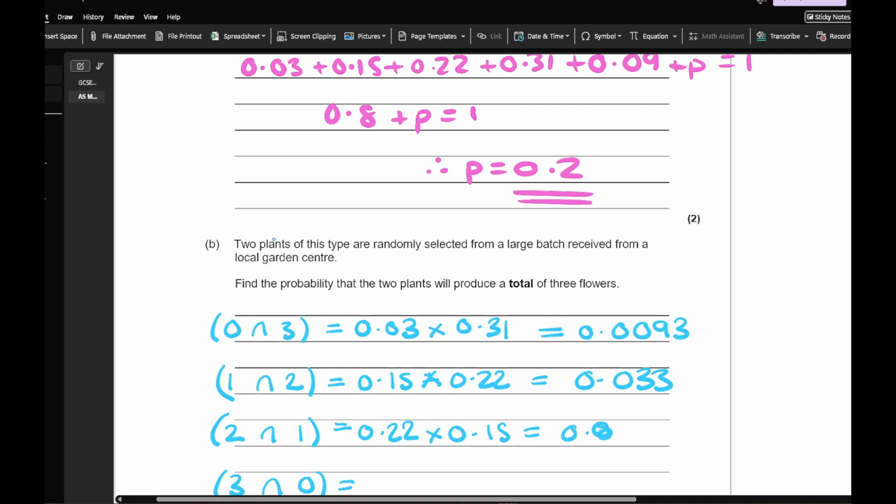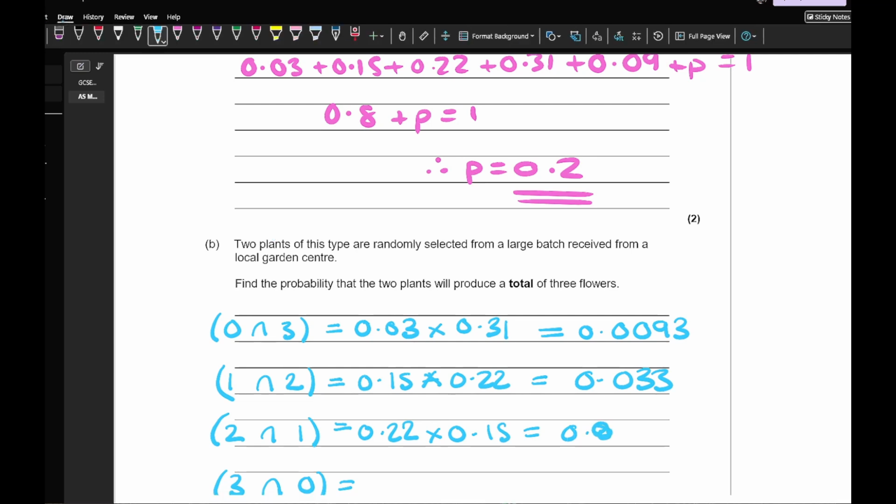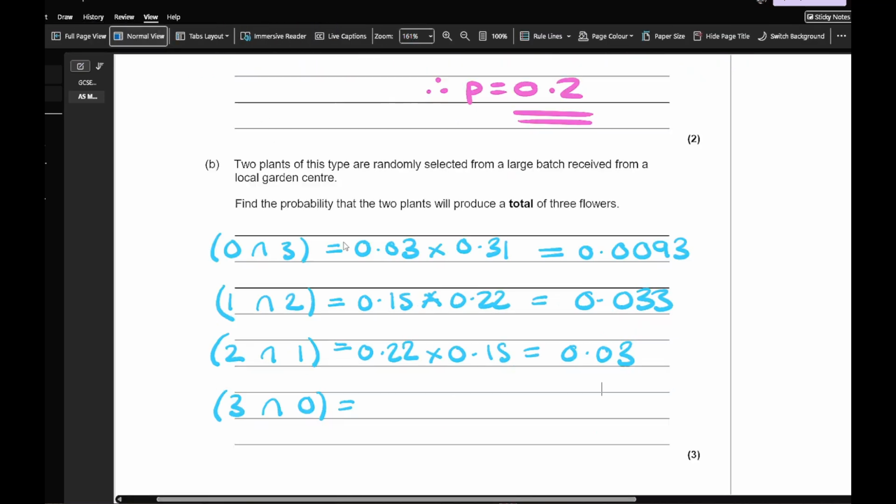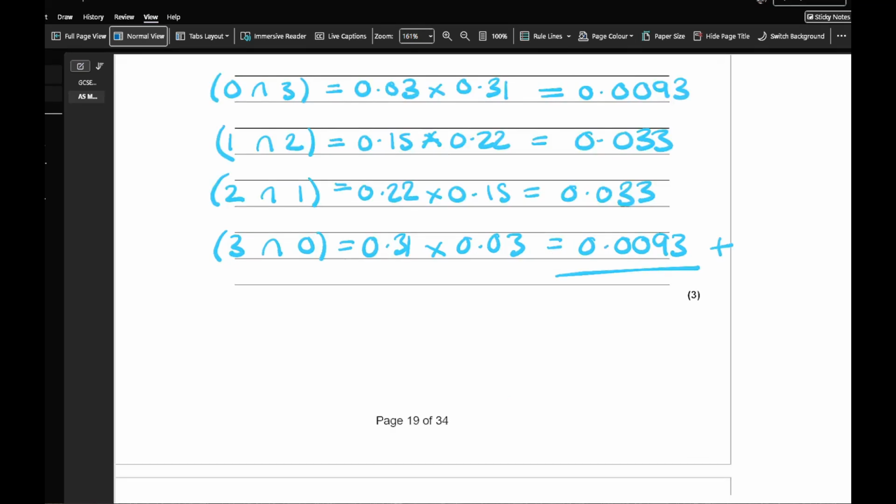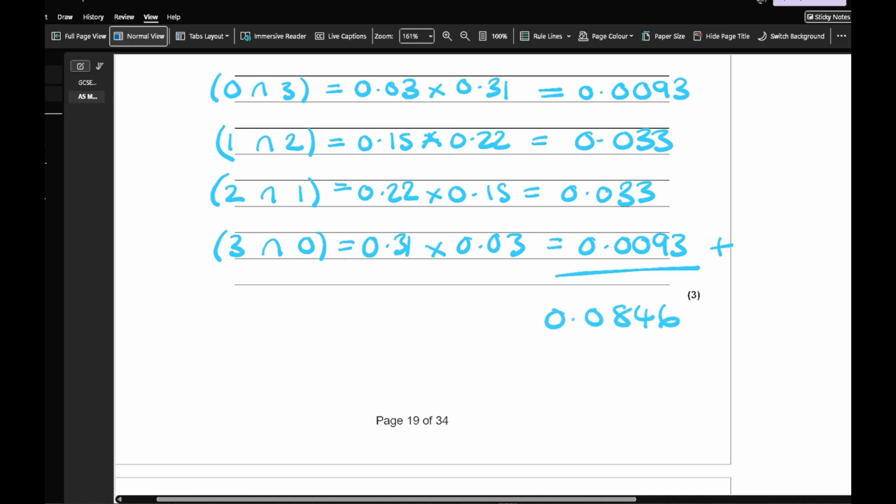Let me just correct that. And 3 and 0 is 0.31 times 0.03, and adding them all up I should get an answer of 0.0846.